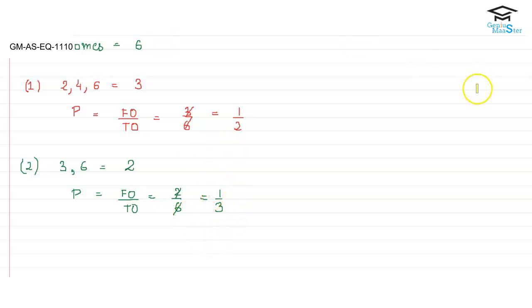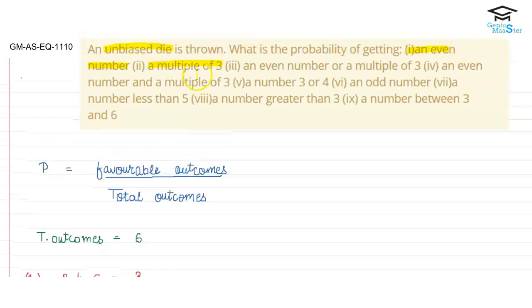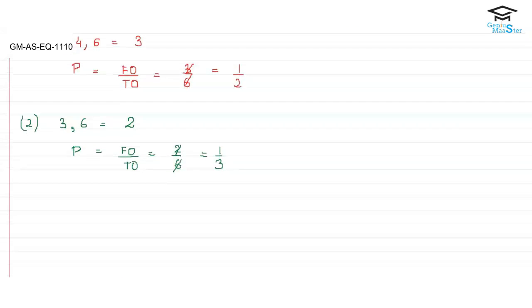Let's move to the third part, which is probability of an even number or a multiple of 3. So a number can be an even number or it can be a multiple of 3 or it can be both. So first let's write all the even numbers, that is 2, 4 and 6. Apart from this, we have to write all the multiples of 3.